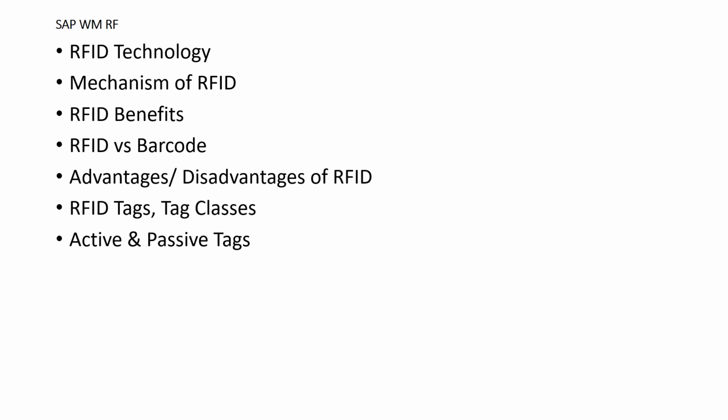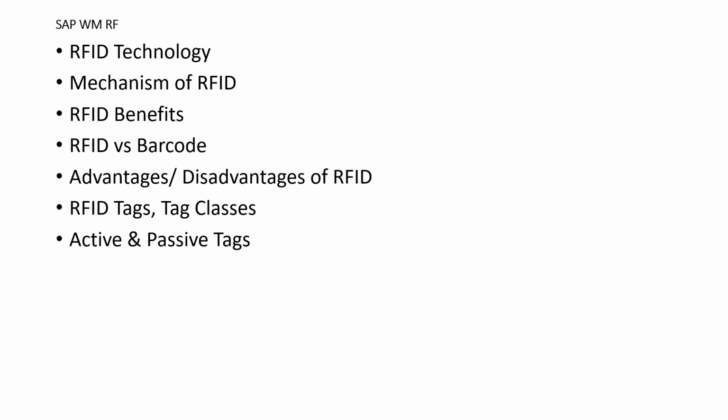This does not mean, however, that low frequency and microwave will not be used in certain cases. So we have different RFID frequencies: LF, HF, UHF, and microwave. HF and UHF are best suited to the supply chain. That is an important thing.